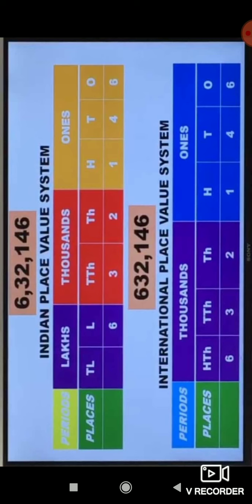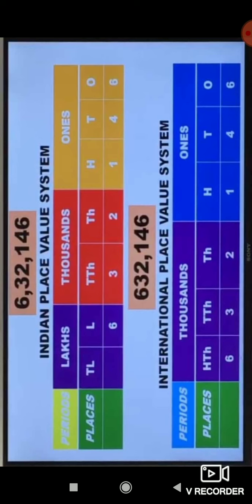Therefore ones form 146. Next, every 3 digits form a group: in the thousands group, thousands, 10,000s, 100,000s, that is 2 in thousands, 3 in 10,000s, 6 in 100,000s.